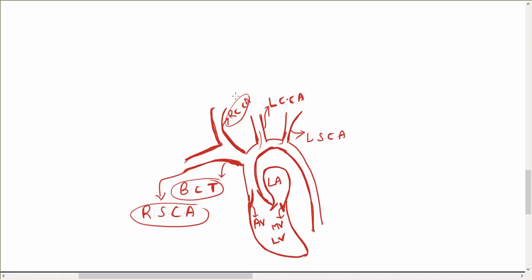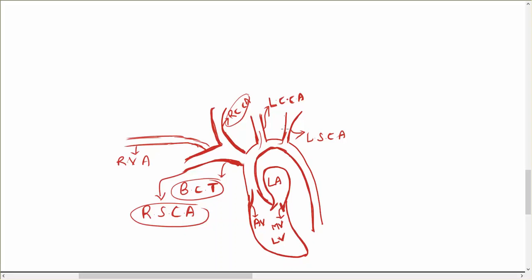Okay. Now let us concentrate on the subclavian arteries. From the subclavian arteries, that is from the right and left, two branches come out. From the right subclavian artery, a branch comes from the posterior side and runs posteriorly, that is the right vertebral artery.